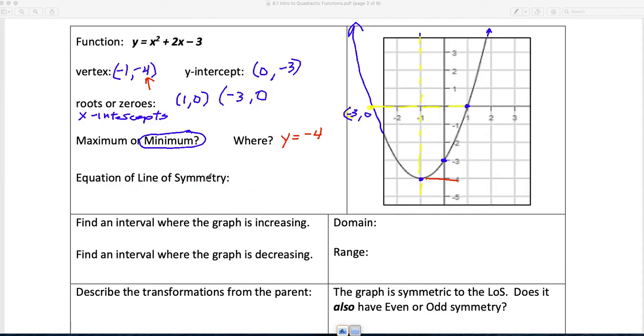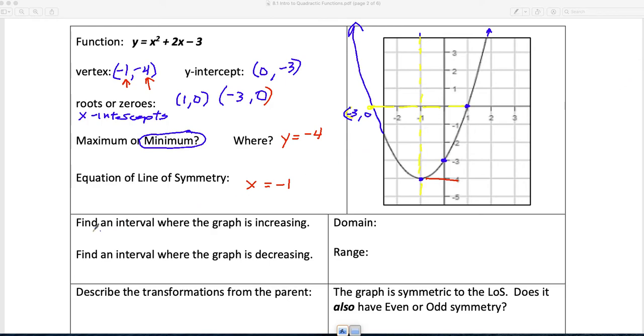Okay, do I have an equation of a line of symmetry? Yes, I do. It runs right there. It's a vertical line, and it's also in the vertex. It's x equals -1. So I found both x-intercepts, I found the y-intercept, I found the vertex. And from that, we got all of the information that we needed to know about maximums or minimums and line of symmetries.